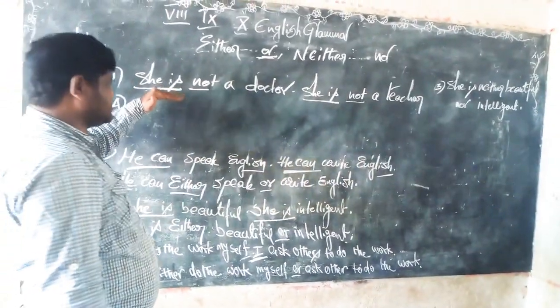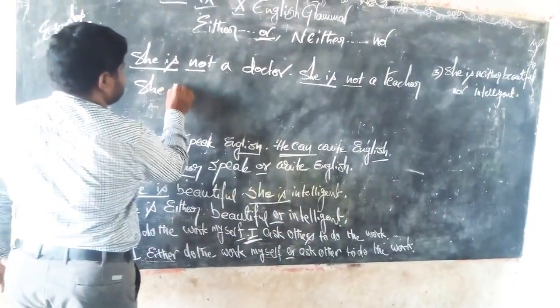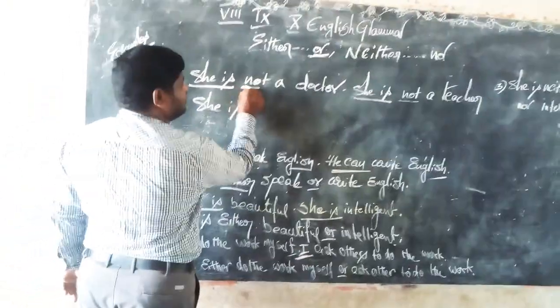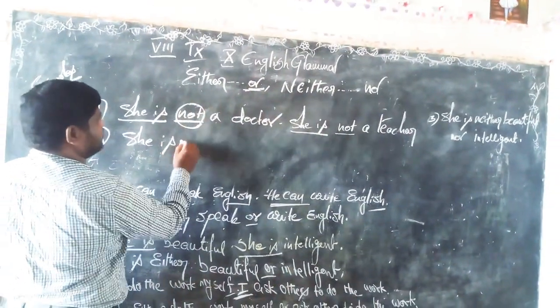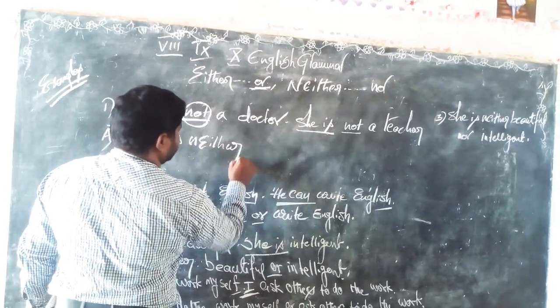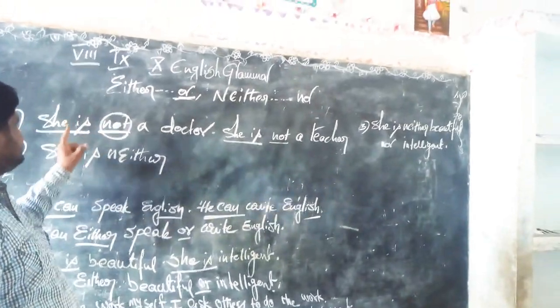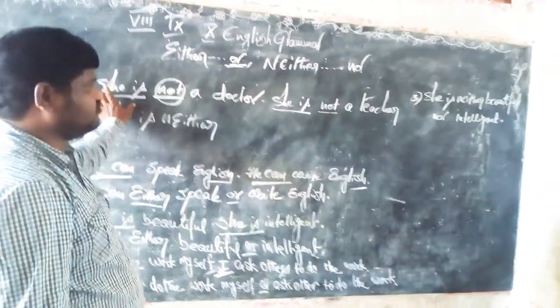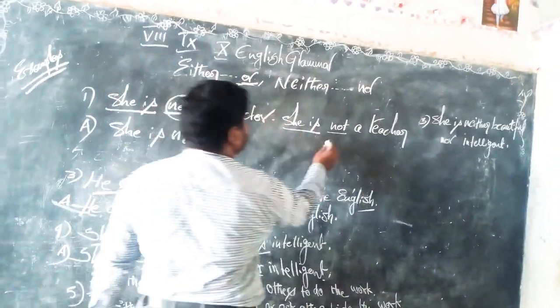In the first sentence, we have to write "she is." In the not place, remove the not, and immediately mention neither. Here "she is" is the common word, and the not is also different words.